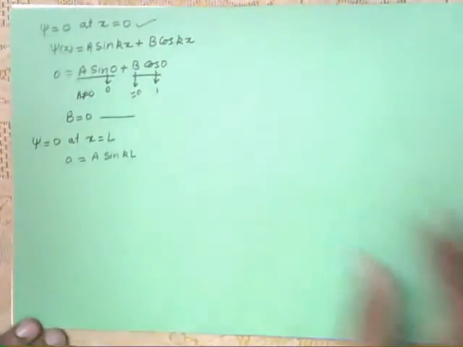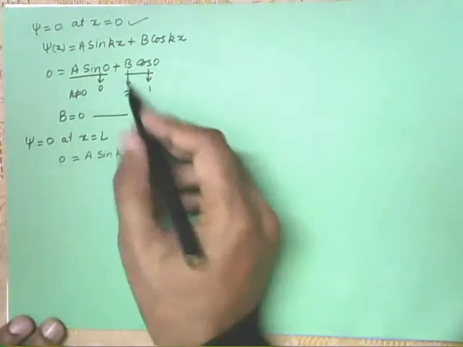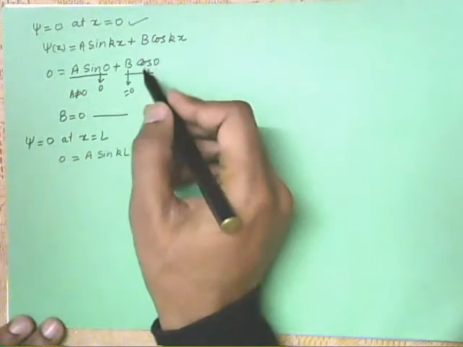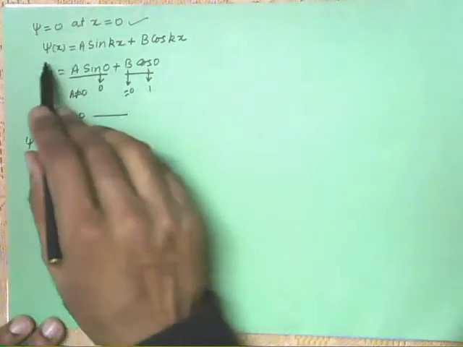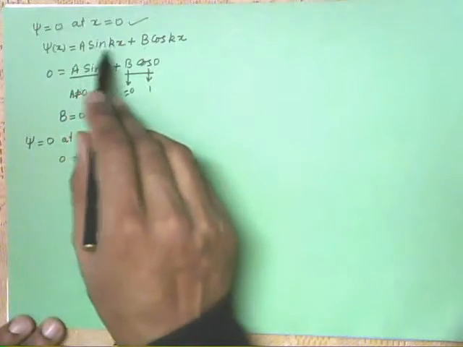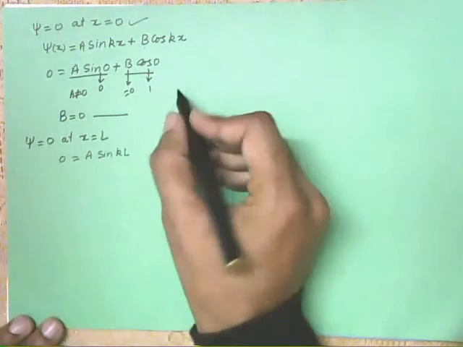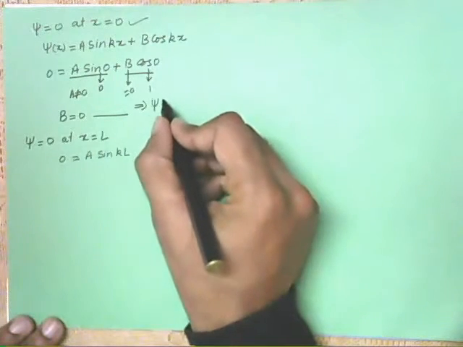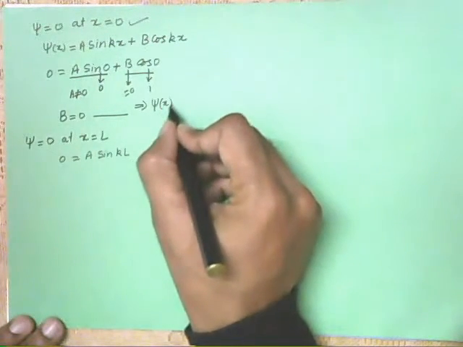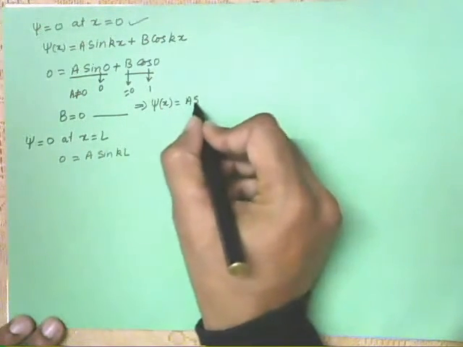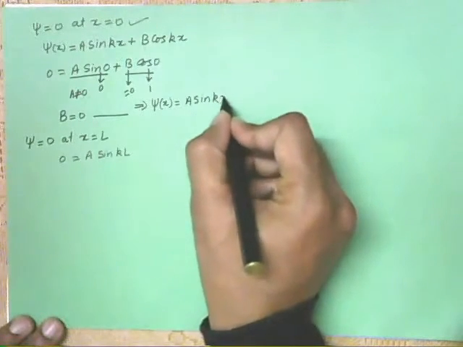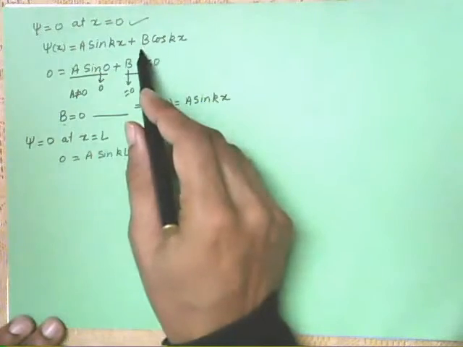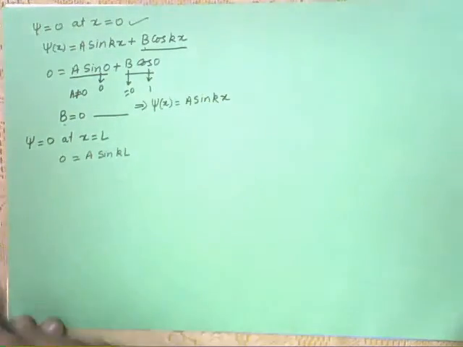And one more thing, if B is equal to 0, it means ψ(x) = A sin kx. So you can conclude here that ψ(x) = A sin kx, where B, this constant, is 0. It means the second term is equal to 0 always.